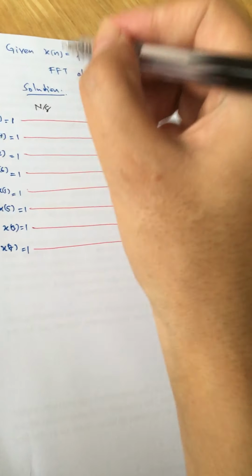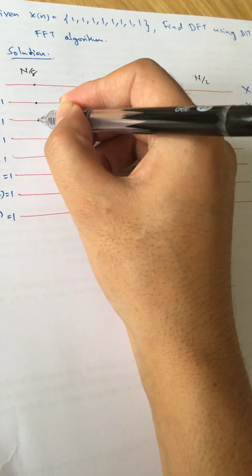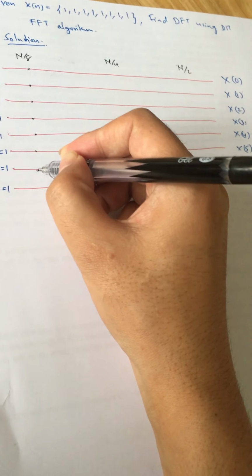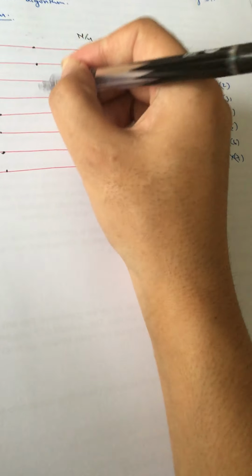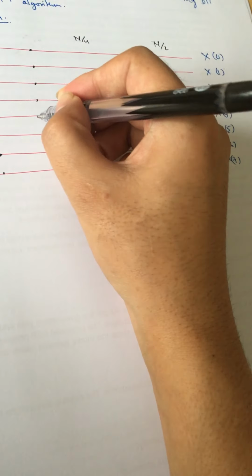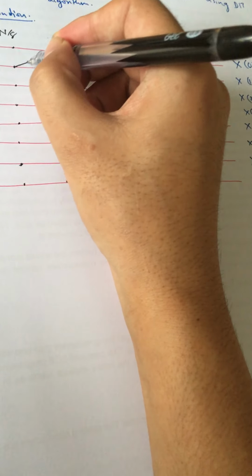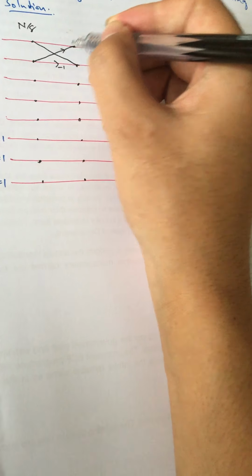Now in order to draw that butterfly computation, you can keep a dot mark. In order to make your drawing very neat and clean, you have to make a mark like that to make your figure clear. You have to give an arrow and -1.